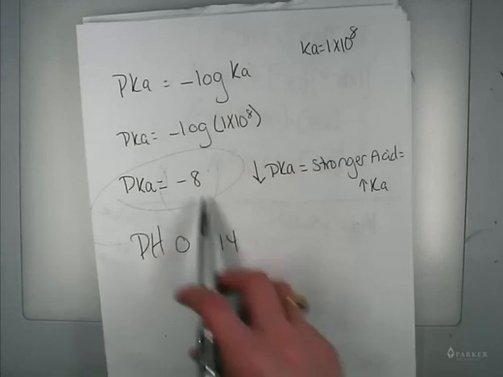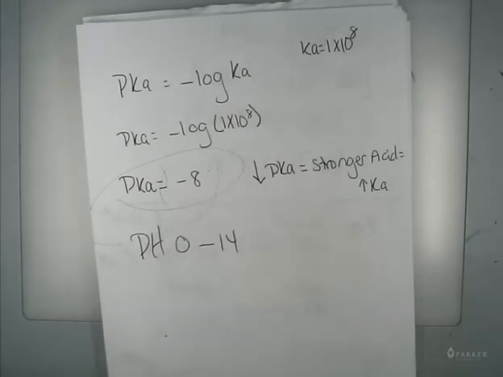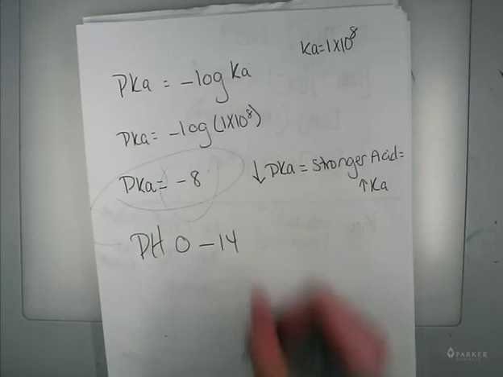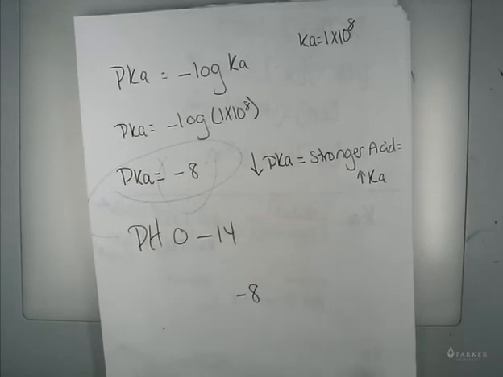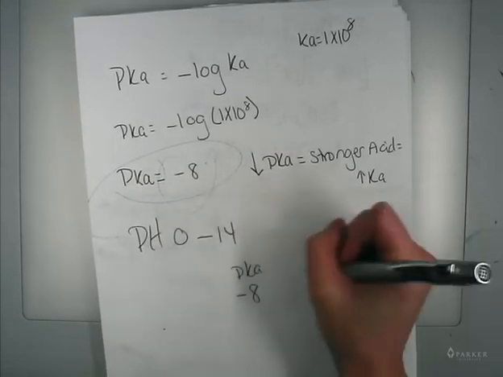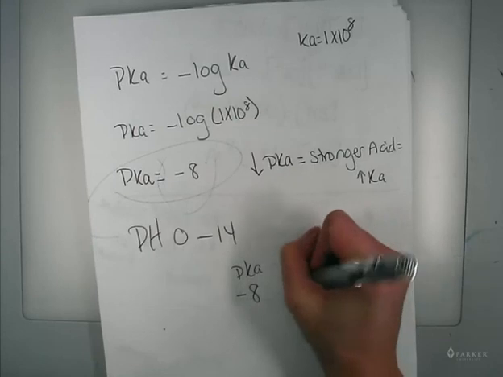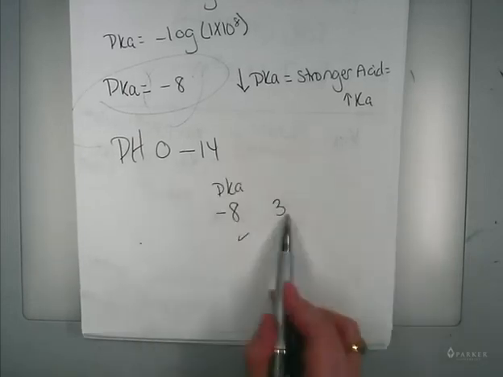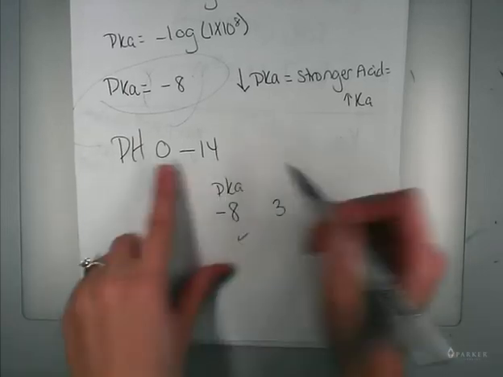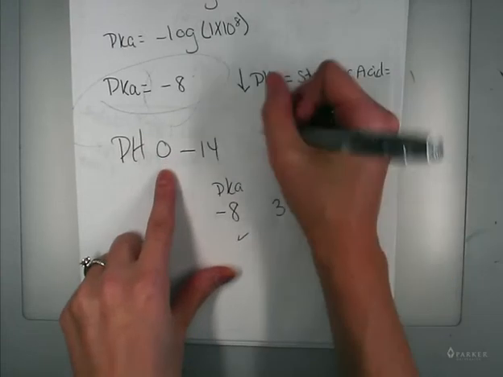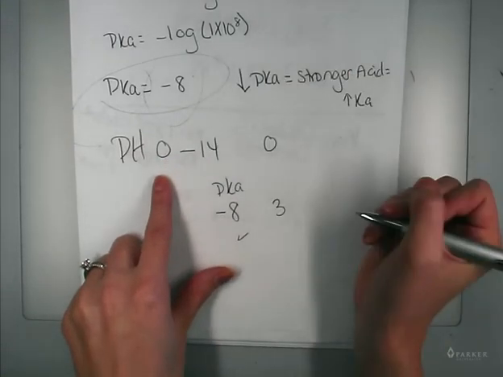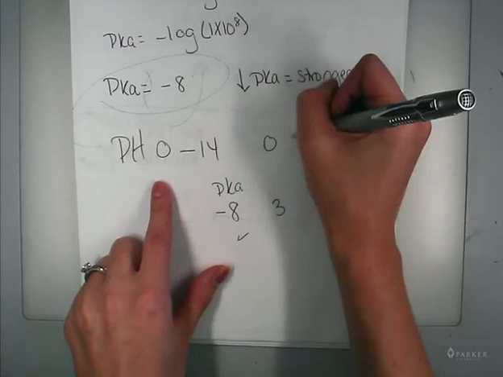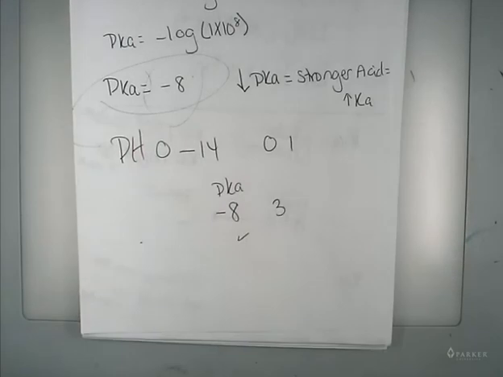The one thing that's good about it is that, let's say I have a pKa of negative 8 versus 3. Okay? Which one's more acidic? Negative 8. But do you see that the difference there looks pretty large. If I would have done it on a pH scale, I might have gotten a 0 and a 1 or something like that.